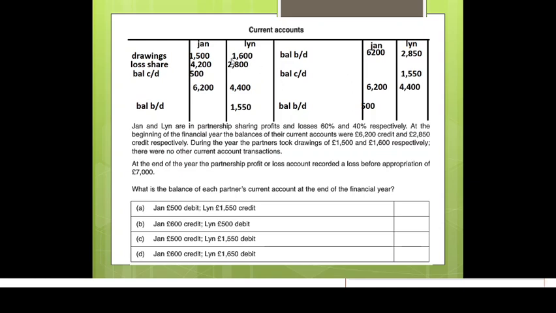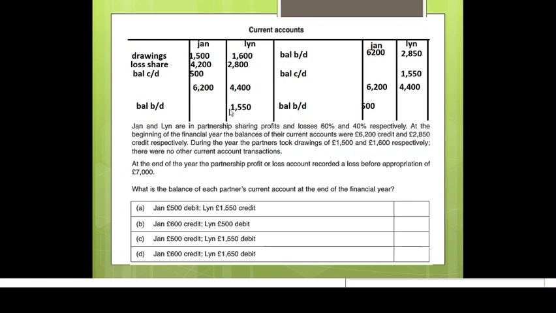You've got just over 4,000 there, and you've got 2,850 there. So the debit side is higher, 4,400 total. Take it across, difference above. Jan has a carry down on the debit side, which is a good thing. She's in a positive 500 there, whereas Lynn has 1,550 negative.